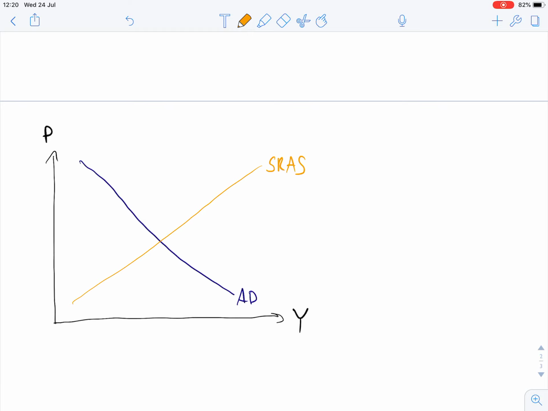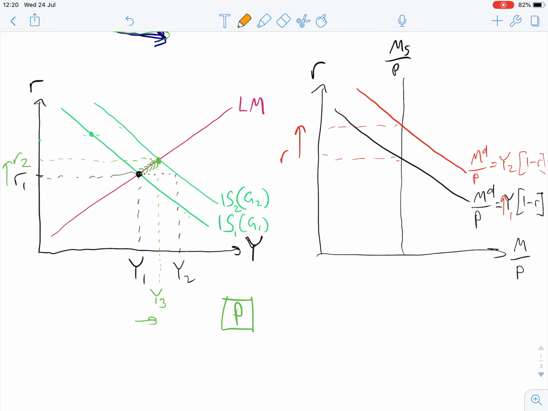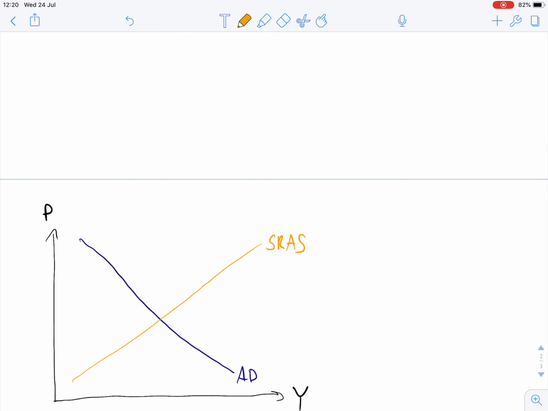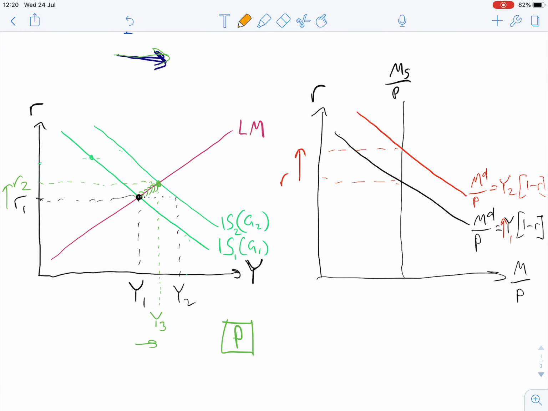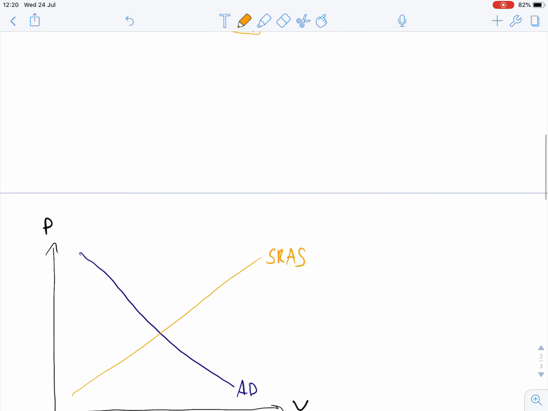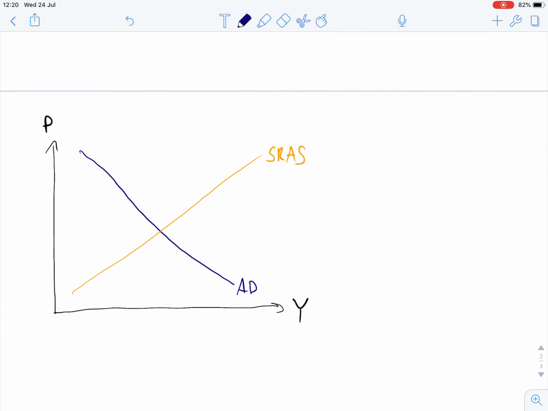So let's think now how we would draw our Y1 to Y3, R1 to R2 shift in the ASAD model. Because we have an increase in output for a fixed P, remember in this world we treated P as fixed, for any given price level, what we're saying now is that aggregate demand is higher.